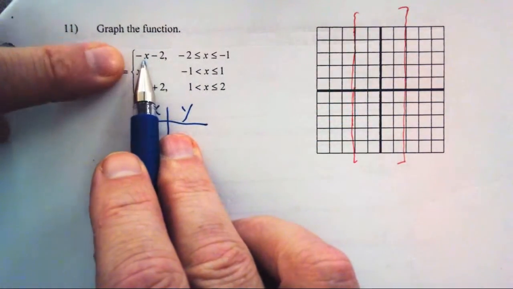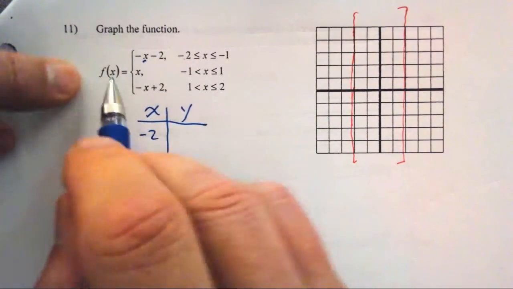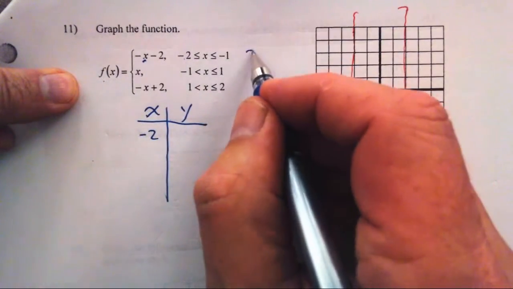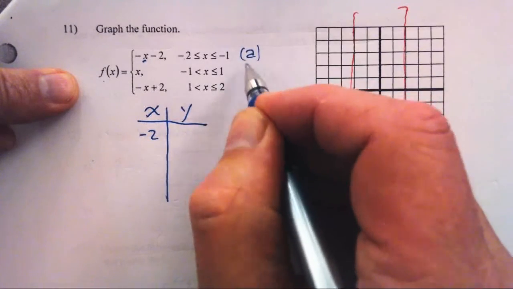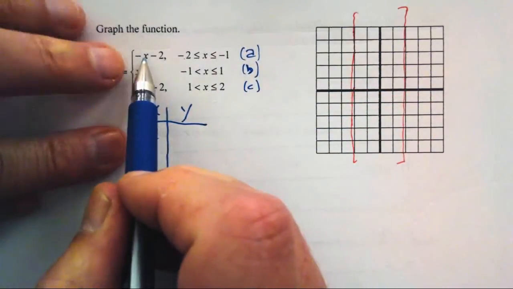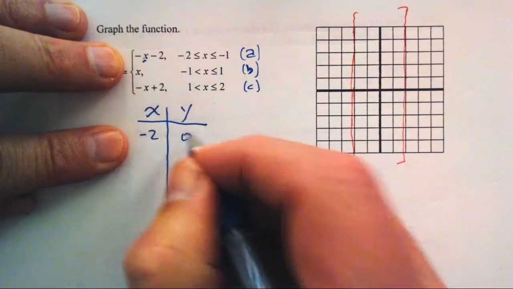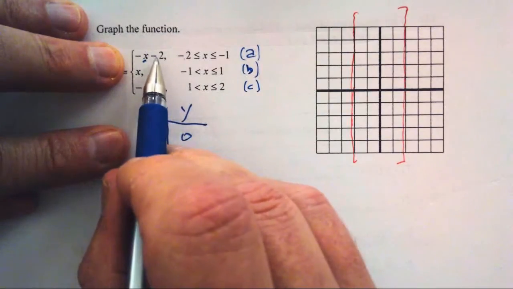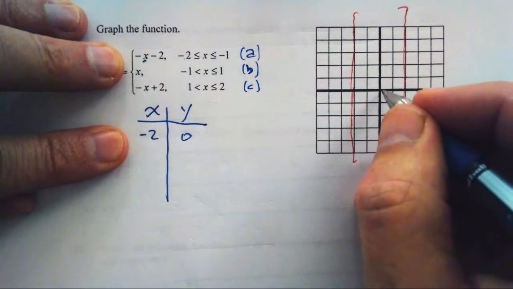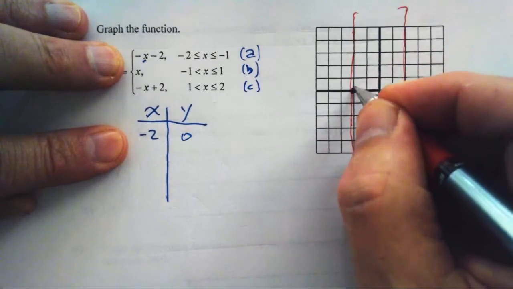And I'm going to choose negative 2 as a point of interest. So I put negative 2 into this function, and it treats it, if I call this job A, job B, job C. Negative 2 goes in here. I get the opposite of negative 2, 2, minus 2, 0. And so if I get that one on there, I've got negative 2, 0 will go red.